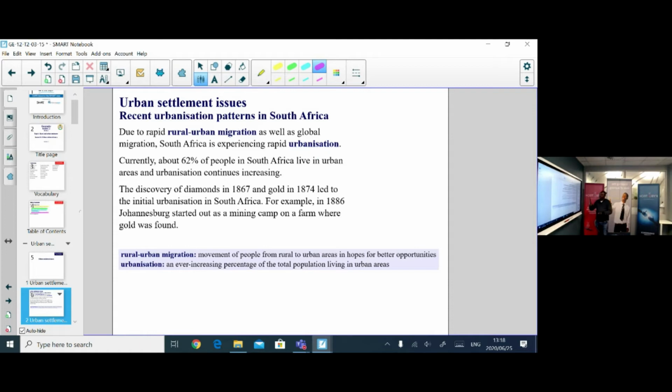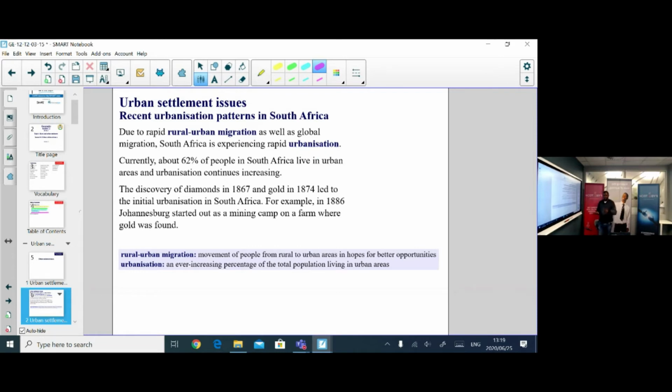Due to rapid rural-urban migration, as well as global factors, South Africa is experiencing rapid urbanization. That's another change that is both beneficial and also problematic to South African cities. There is rural-urban migration as in other parts of the world, of people coming to South Africa, especially since the advent of democracy.